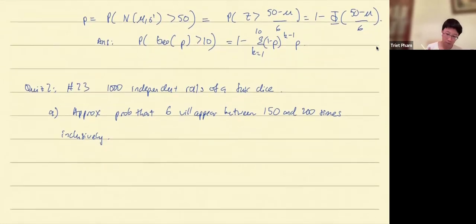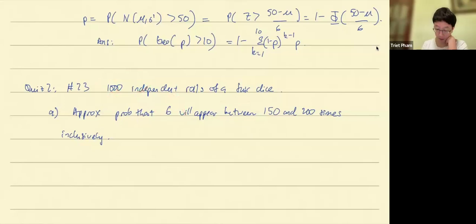Okay. So what would this be? So here you're dealing with binomial, with 1,000 trials, and you're looking at 6, actually any number, because it's a fair dice.